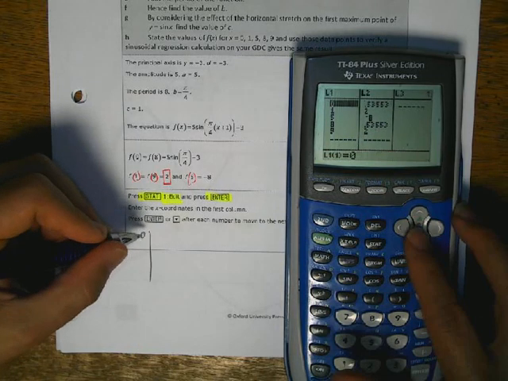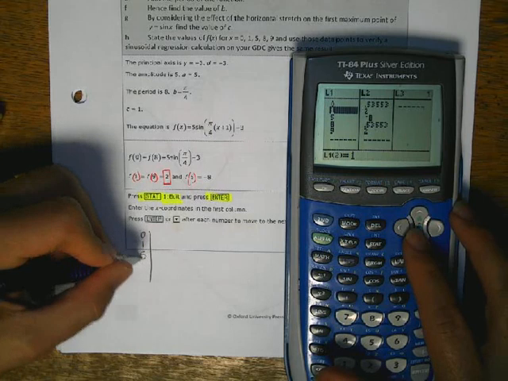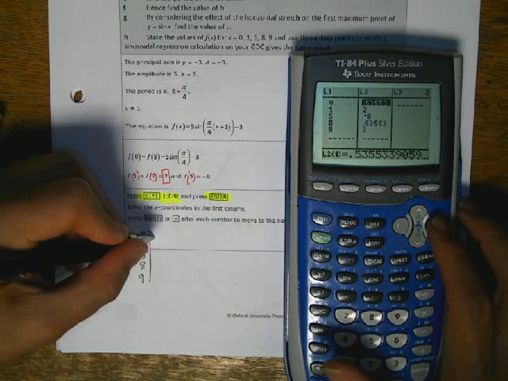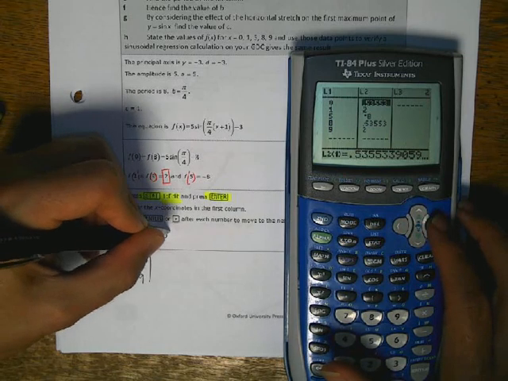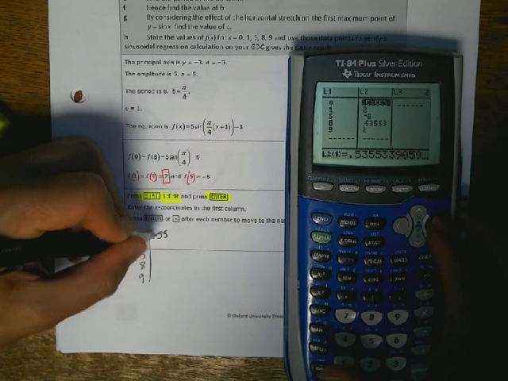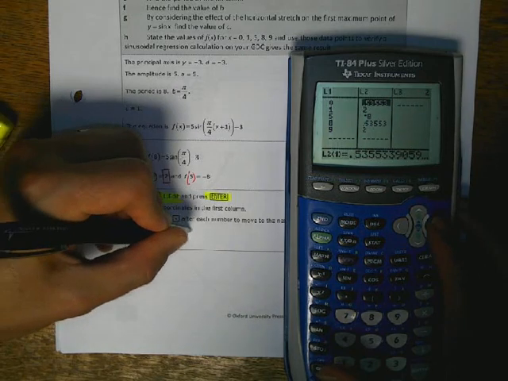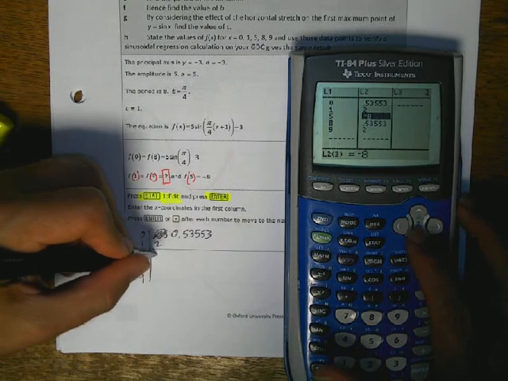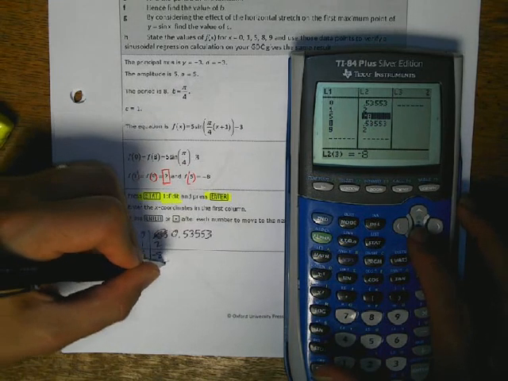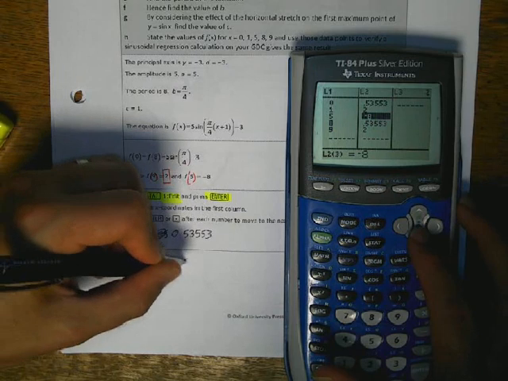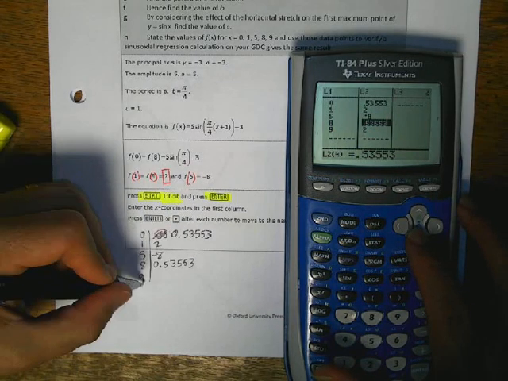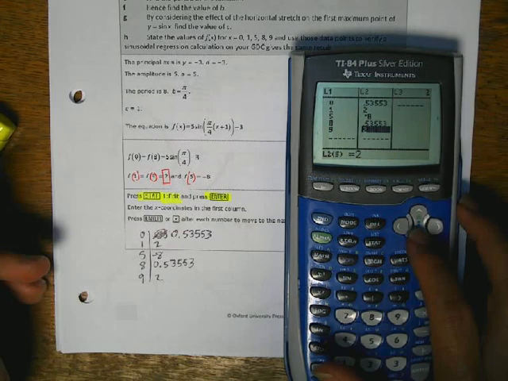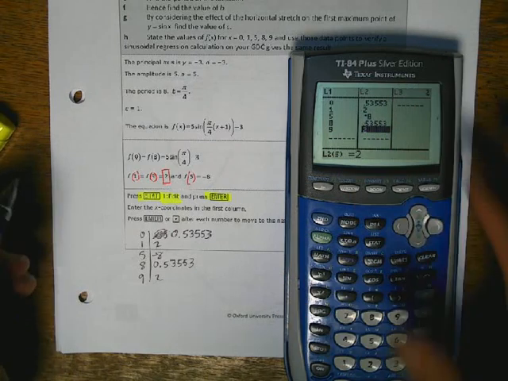When x is 1, 5, 8, and 9, we're at 2, -8, 0.53553, and at 9 we're at 2. We type these into list 1 and list 2.